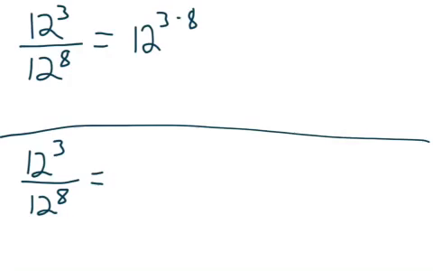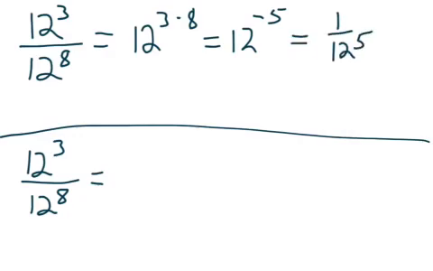Now, if you took your calculator and did 3 minus 8, you'd realize that becomes a negative 5. Well, again, I have a negative exponent. I don't want it. So what that really means is I'm going to put that in my denominator, so 12 to the 5th power. So again, subtract your exponents. If you get a negative result, it now drops to the bottom.